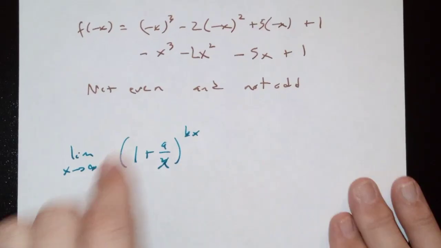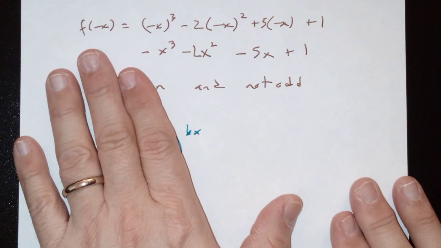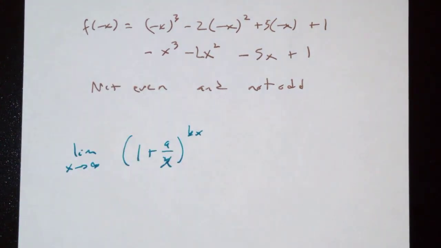As x goes off to infinity, what happens to that number? Either it gets huge and positive, or it gets huge and negative, depending on the value of b, right? Or, the very worst, b might be 0, in which case I get a 0 up there.